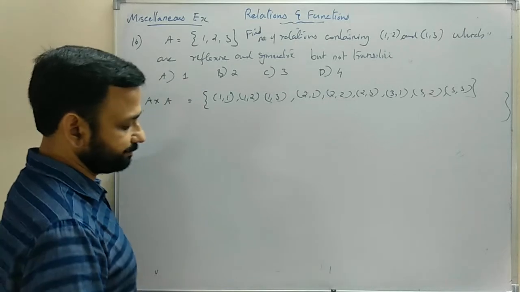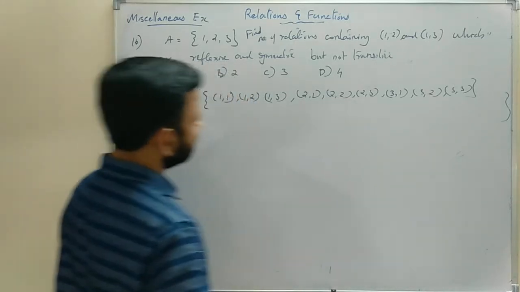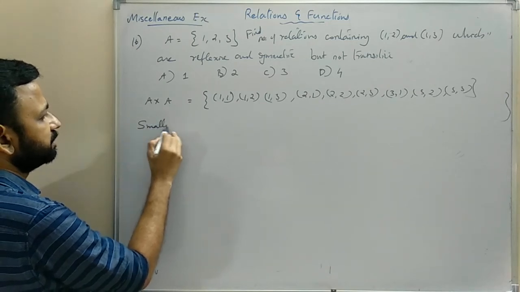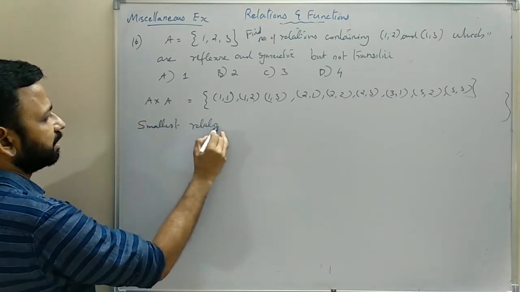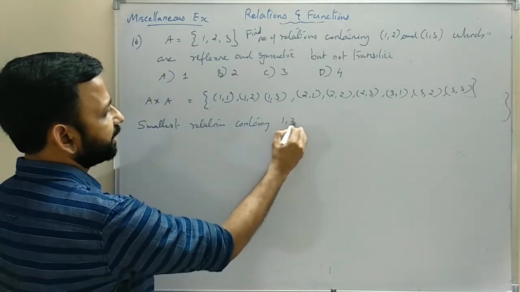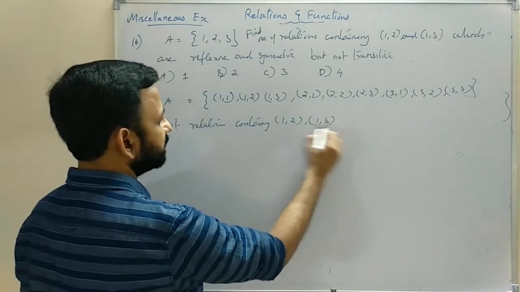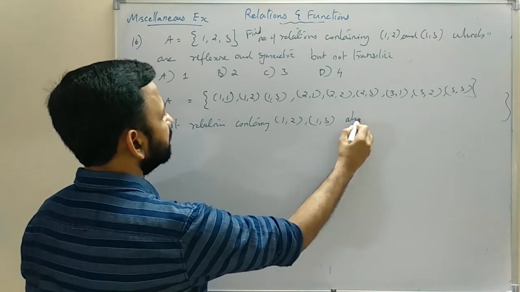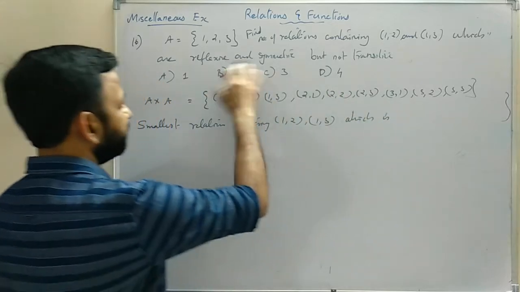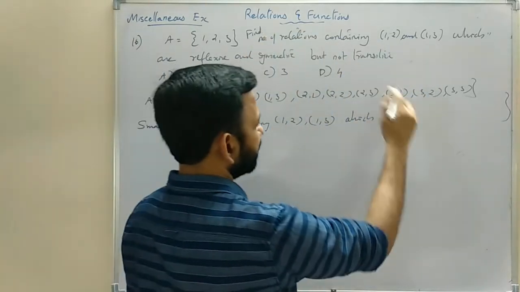So we can find the smallest relation containing ordered pairs (1, 2), (1, 3), which is reflexive and symmetric but not transitive.